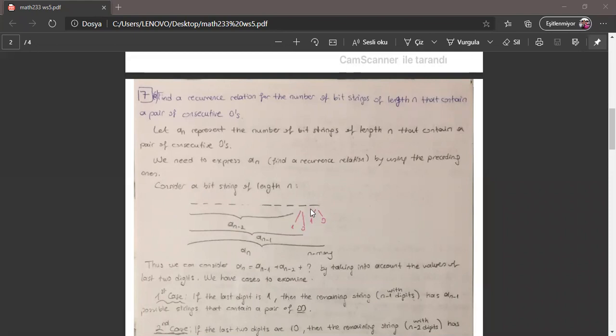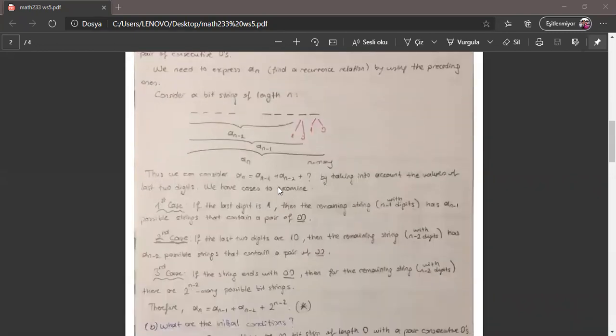If it is 1, then we can either have a 0 in this digit or a 1. By considering these two last digits, we will write a sub n. Now let's examine the cases together.